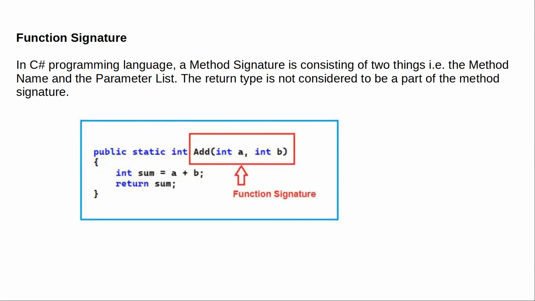How does the compiler come up with the signature value of a function? It considers the method name and the parameters which it takes. By considering these two parts, the method name and the parameters, it assigns a unique signature.